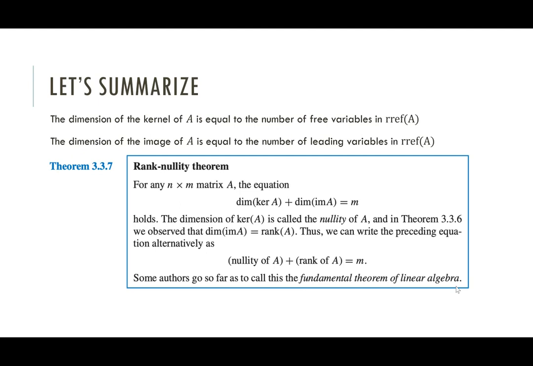But really what this is doing is relating the dimension of the kernel, which is a subspace of the domain, with the dimension of the image, which is a subspace of the codomain. And that is maybe a little surprising because these two spaces live in totally different spaces.